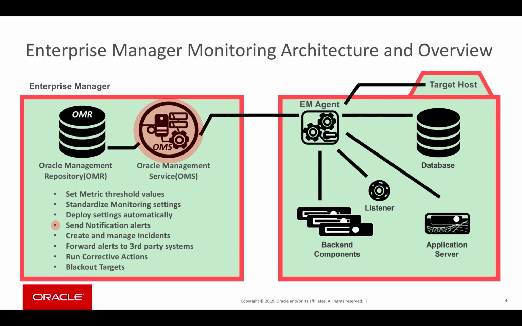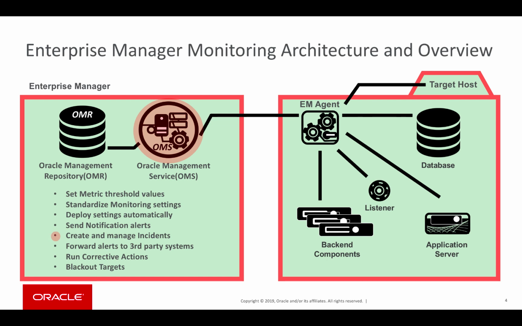Once the monitoring starts and there is a problem found in your target, for example, CPU is overloaded, memory is overconsumed, tablespace is full, or target is down, you can configure it to send notification alerts. You can send alerts into your mailbox or to your pager, or send them to another server via OS command or SNMP trap.